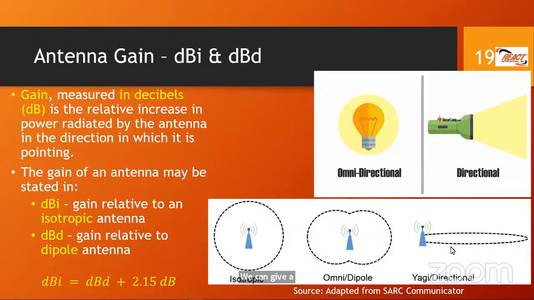So remember when we were doing dBs, we said it's base 10. But when we are doing antenna gain, gain is in reference to some baseline. So you can baseline your gain to a dipole. You have a standard antenna that's called a dipole.